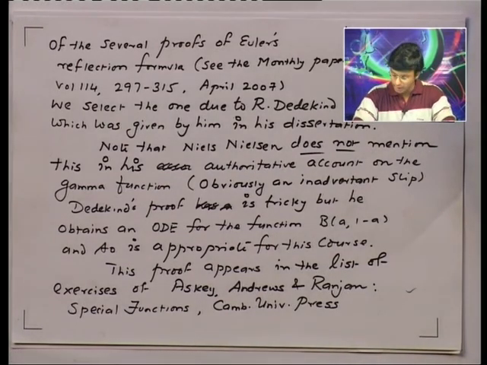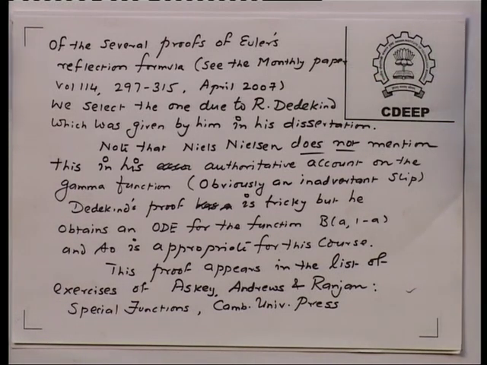The proof of Dedekind, which we are going to discuss now, appears as a guided exercise in a very important book by Askey, Andrews and Roy titled Special Functions. It is published by Cambridge University Press. This is a very important book on special functions.